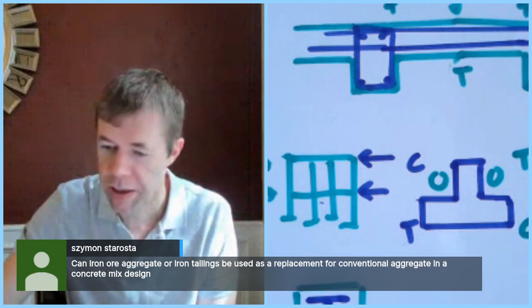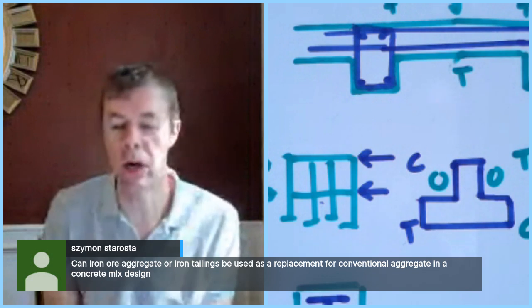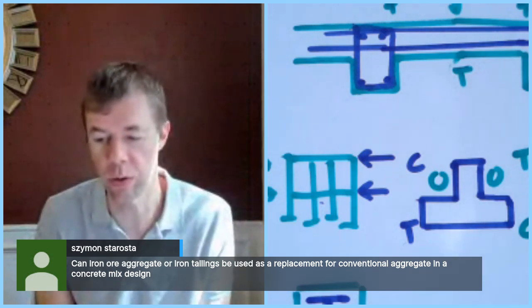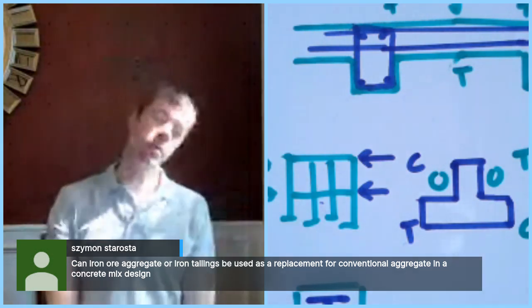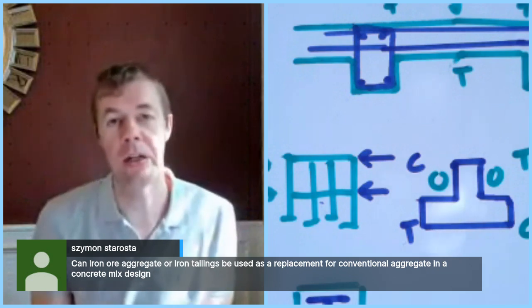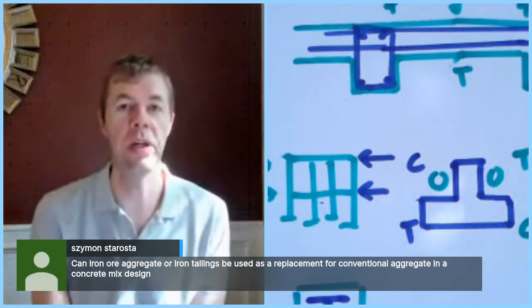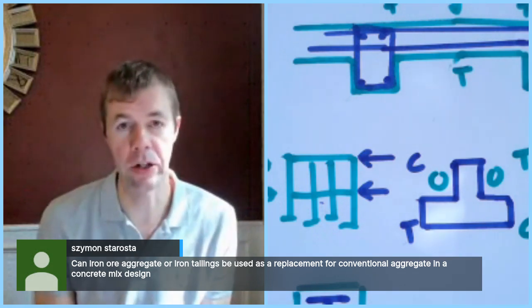Oh man, you just blasted me today. Can iron ore aggregate or iron tailings be used as a replacement for conventional aggregate in a concrete mix design? Oh man. I wouldn't allow any aggregate to be used inside a concrete structure that you really care about unless you have a performance history with that aggregate.